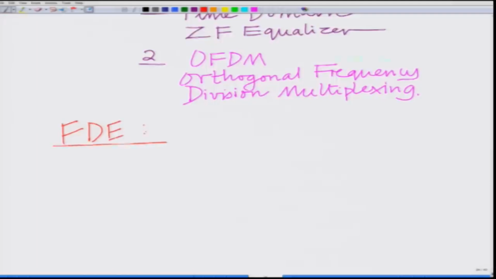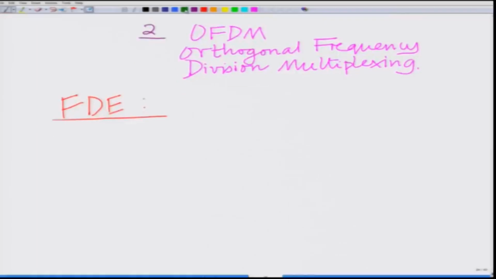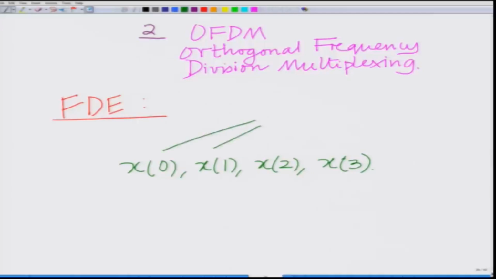what we have is, instead of loading symbols on the subcarriers, we transmit the symbols directly, that is x0, x1, x2, x3. Let us say these are a block of n equal to 4 symbols.